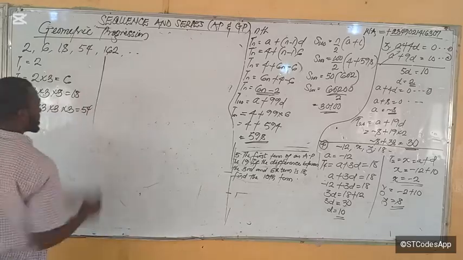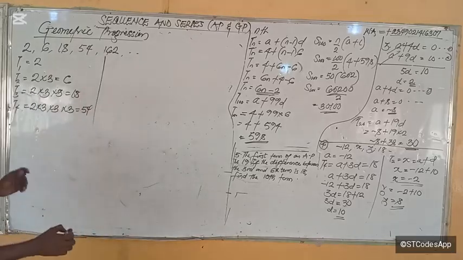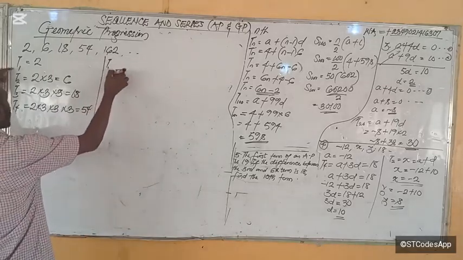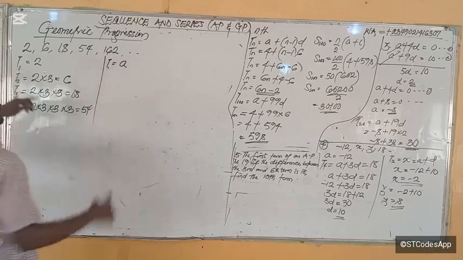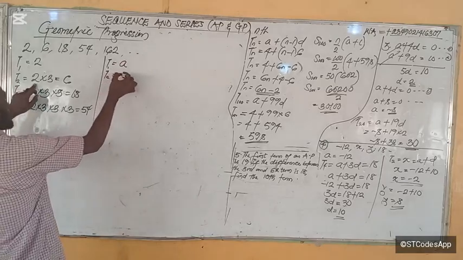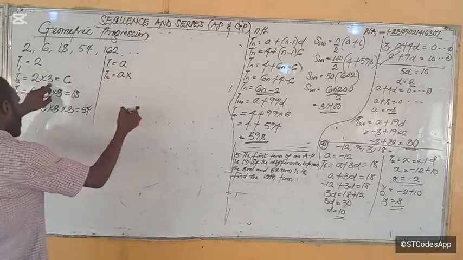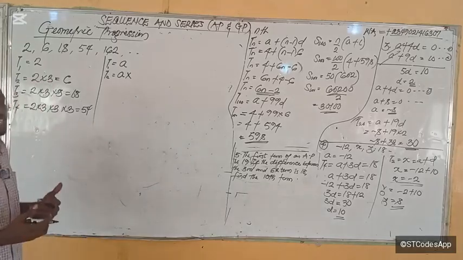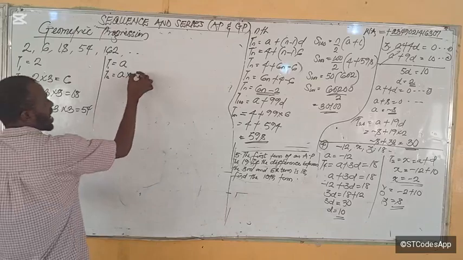Good. Following this, I can make an expression here that if I use that my first term, let's call it A, that my second term can be gotten by multiplying my A by a particular number here. Now, this one is not a difference, so I like to call it R. But keep in mind that R has a name.